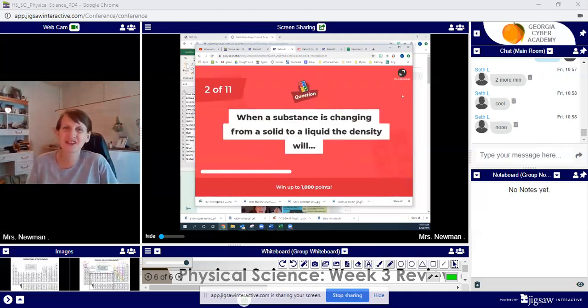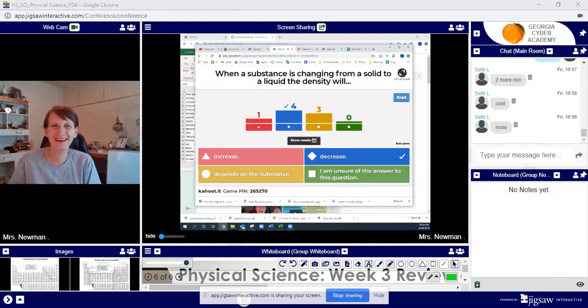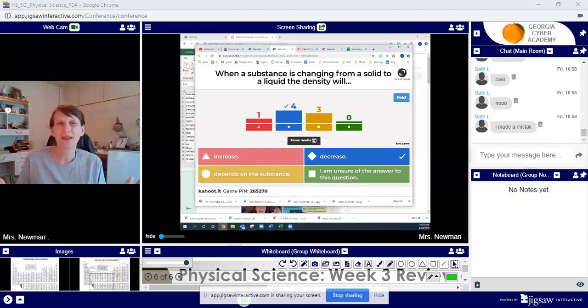When a substance is changing from a solid to a liquid, the density will... What's up with green? I didn't write this Kahoot. I helped with it a little bit, but when you're going from a solid to a liquid, your density is going to decrease.